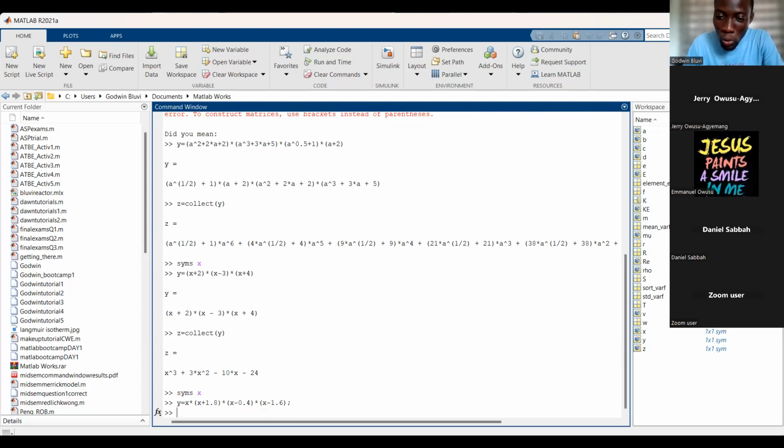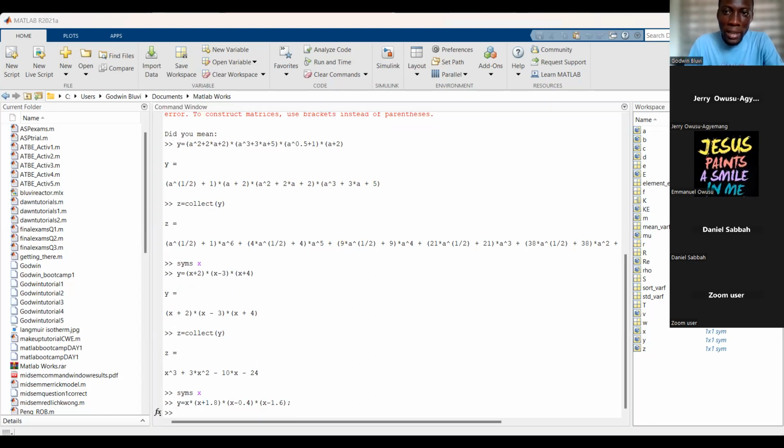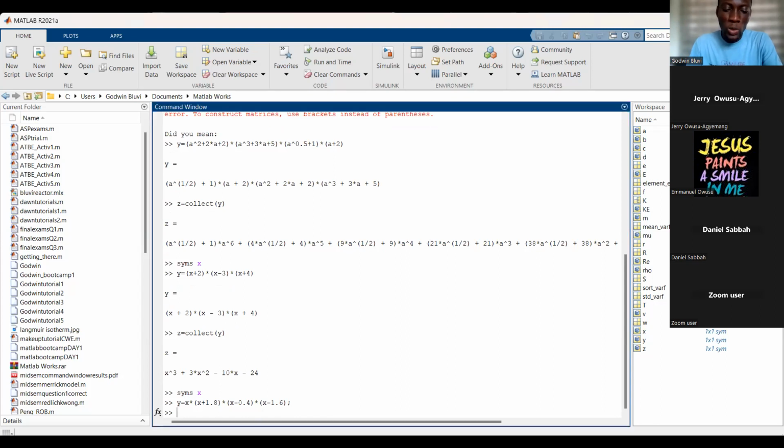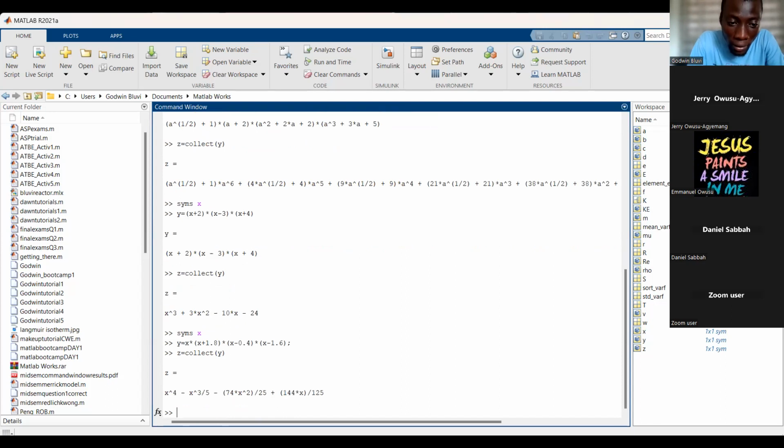Now the first one. They said we should just carry out that computation, so we can use expand or collect. Let's use both. So z is equal to collect, open bracket, y. Enter. We've seen the answer.